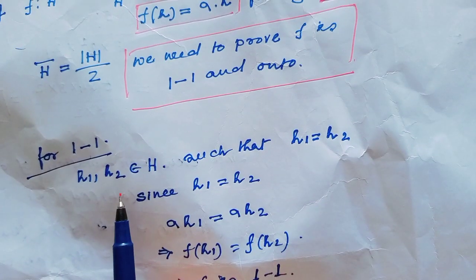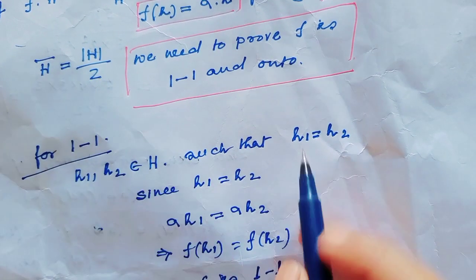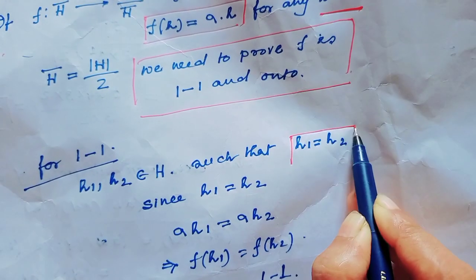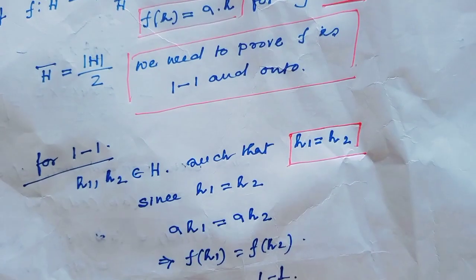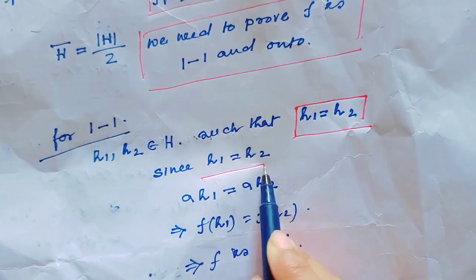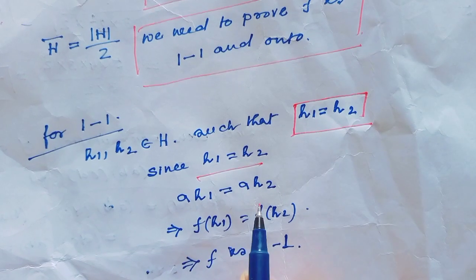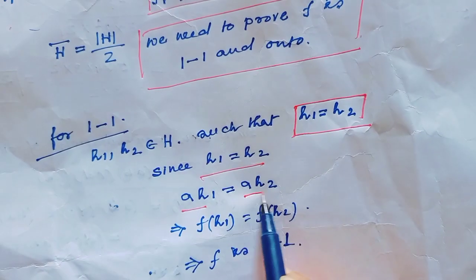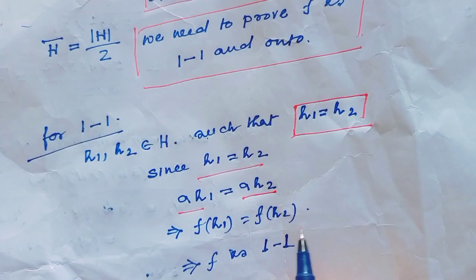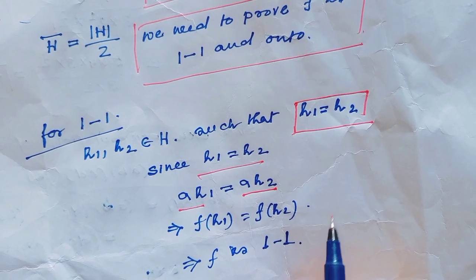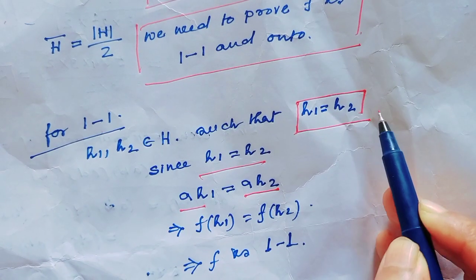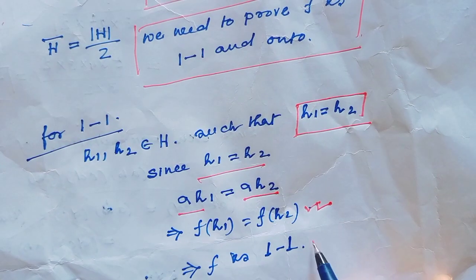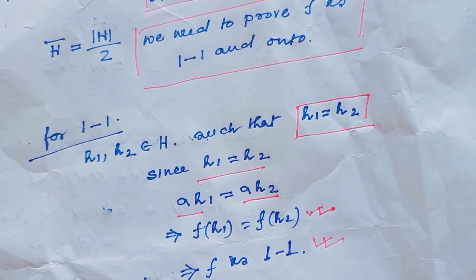For 1-1, take h1, h2 belonging to H bar such that h1 equals h2, and since h1 equals h2, that implies sigma h1 equals sigma h2, and since sigma h1 and sigma h2 are equal, that implies f of h1 equals f of h2. That implies this mapping f is 1-1.